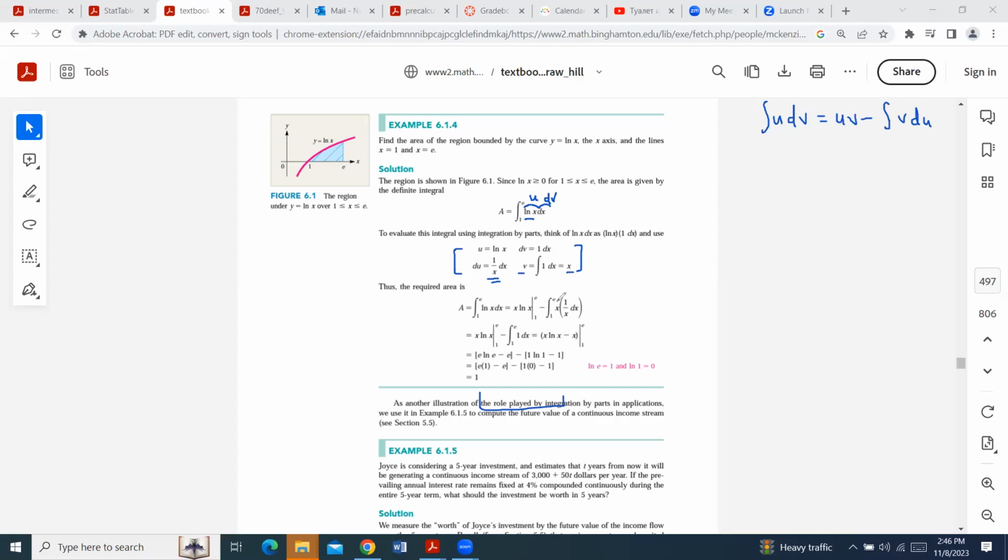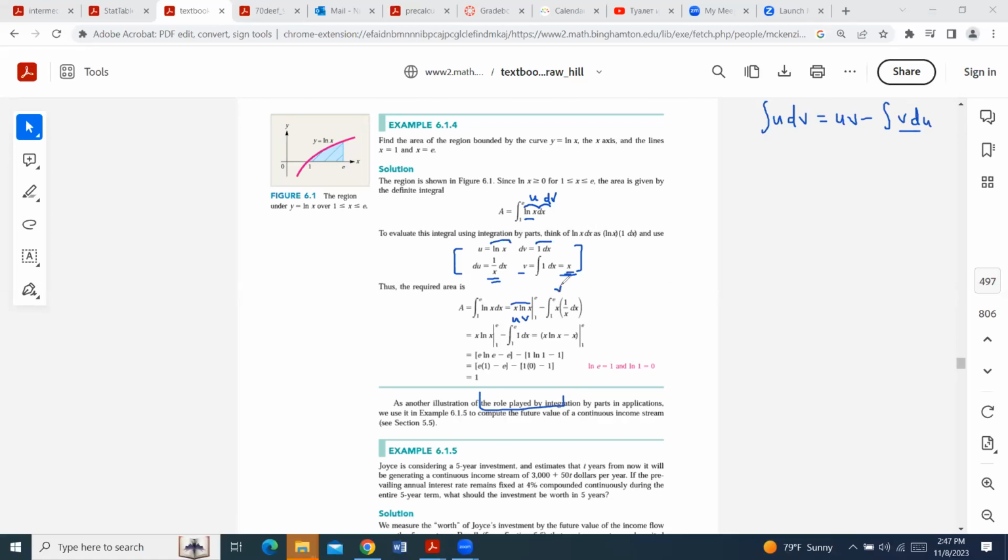And then they set it up in such a way that they have u times v, the product, and that's going to be multiplying ln by my v, which is x. So x times ln x. And then subtract, according to the formula, the integral of v times du.